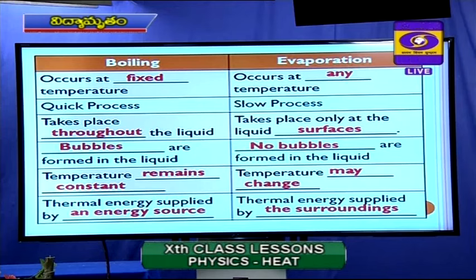In boiling the temperature remains constant, in evaporation temperature may change. Likewise in boiling there will be bubbles, the water will evaporate in the form of bubbles, it will go up. While in evaporation there will be no bubbles.